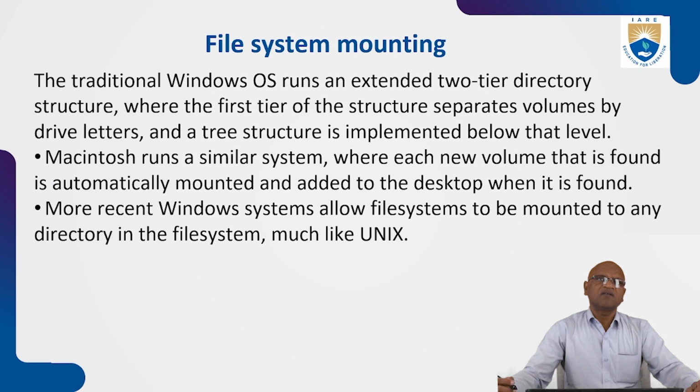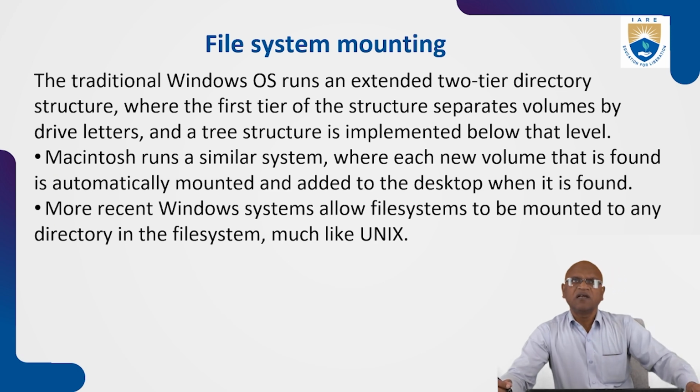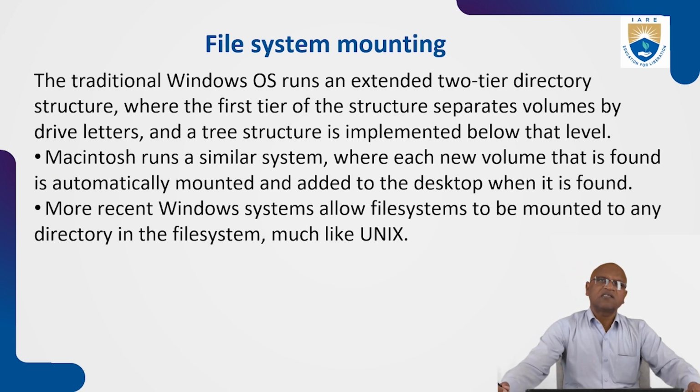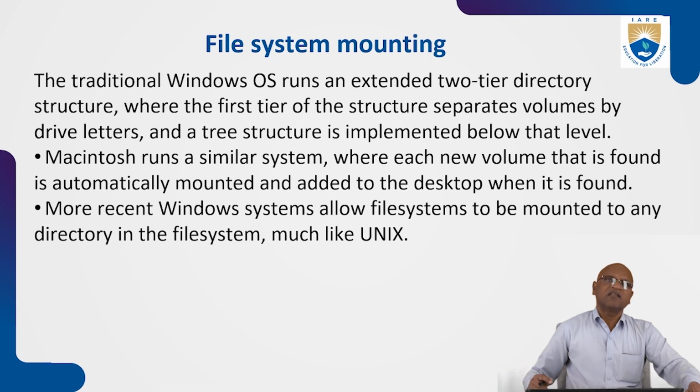The first tier of the structure separates volumes by drive letters, and a tree structure is implemented below that level. Macintosh runs a similar system where each new volume that is found is automatically mounted and added to the desktop when it is found. More recent Windows systems allow file systems to be mounted to any directory in the file system, much like Unix.